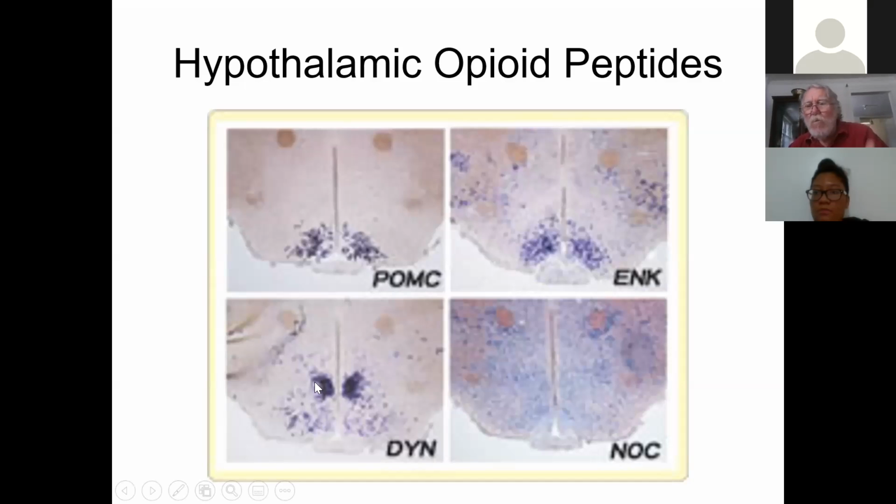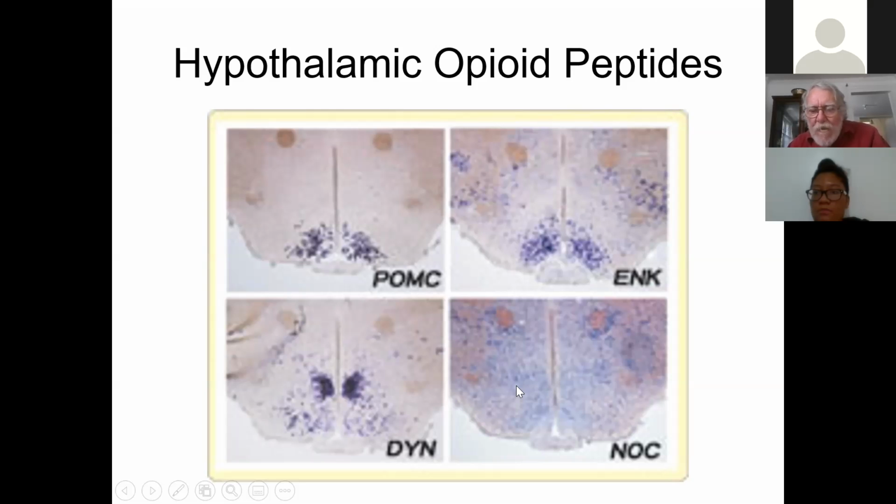Notice the kind of words that got used, because first came the enkephalins, then came endorphin, endogenous opioid, then came dynorphin, very strong opioid. That's how it's sort of described in 1979 by Avram Goldstein. And you can see the dynorphin is sort of much more in the periventricular zone than in the arcuate zone.